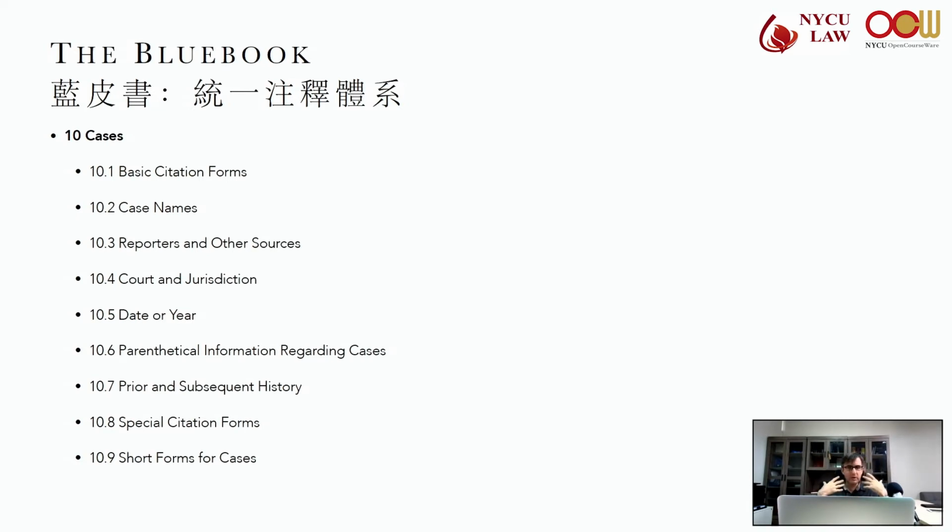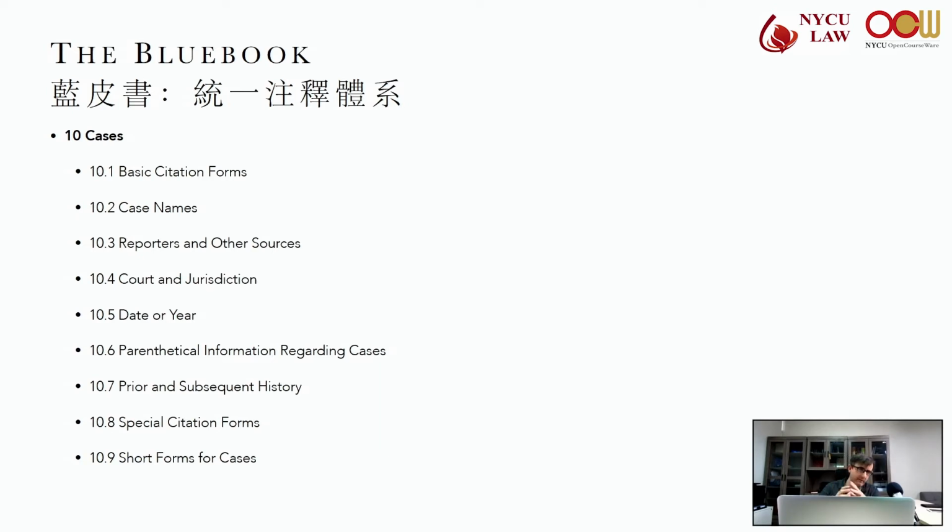The publications that print cases or cases and annotations are considered reporters, and they are in normal type. So you'll have a volume and the abbreviation of the reporter, and check out Table T1 for that.